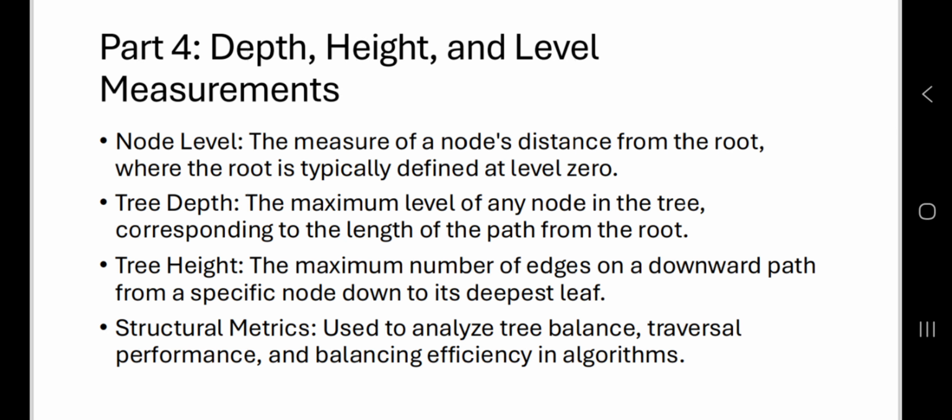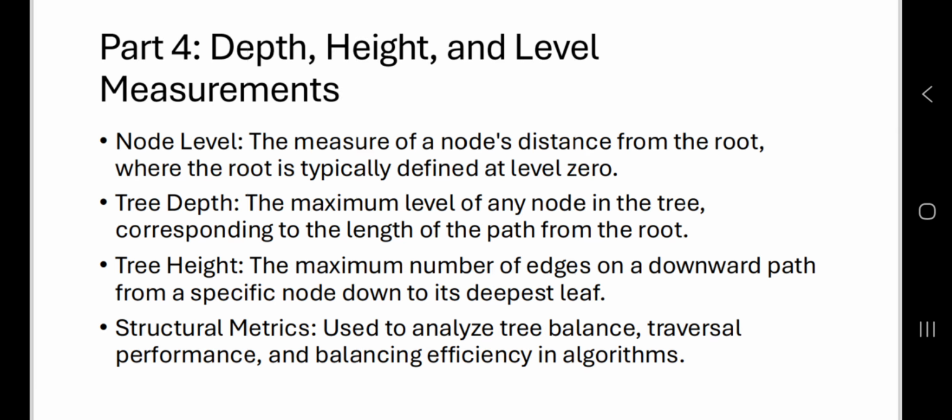Depth, height, and level measurement. To analyze trees quantitatively, we measure the dimensions. We have node level, the measure of a node's distance from the root, where the root is typically defined at level 0. Tree depth is the maximum level of any node in the tree, corresponding to the length of the path from the root.